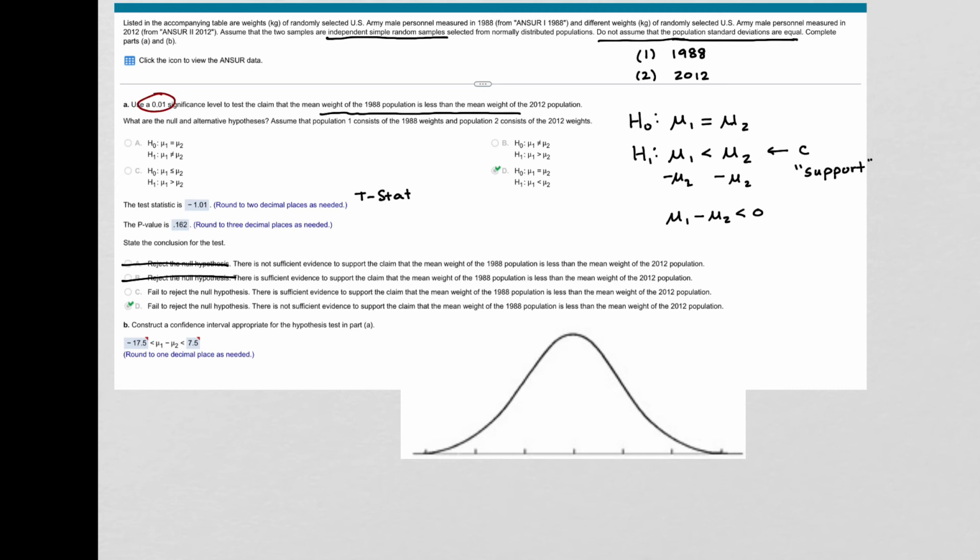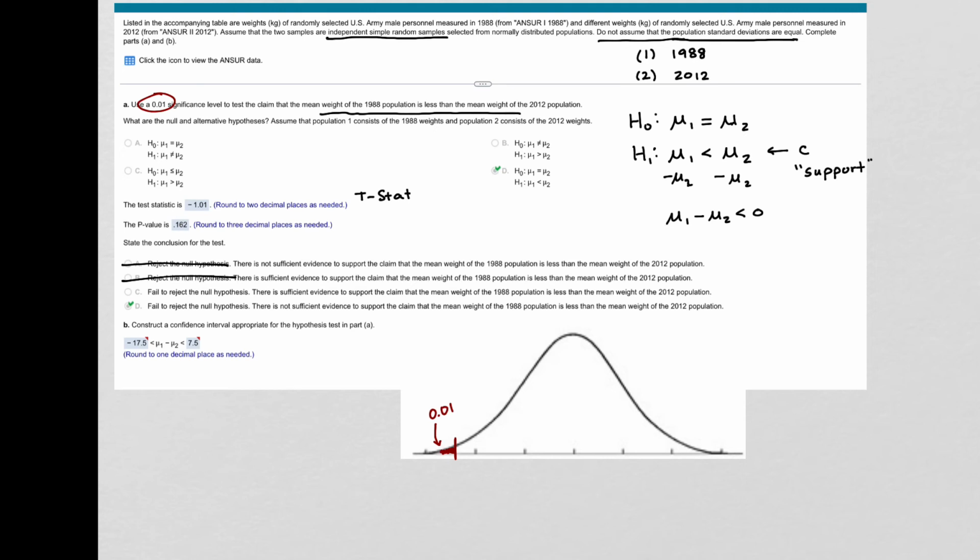So that's our critical area, and I'm going to shade that in. We have 0.01 here. But when we're working with confidence intervals, we have to have a range of values centered in the middle of our distribution.